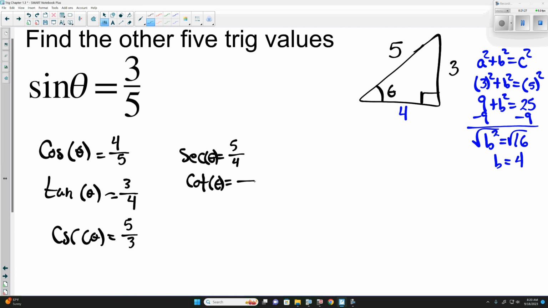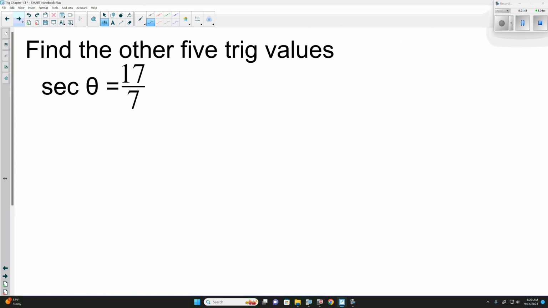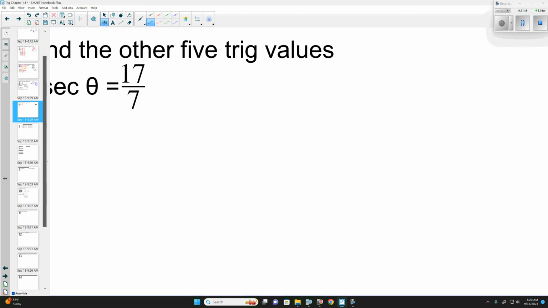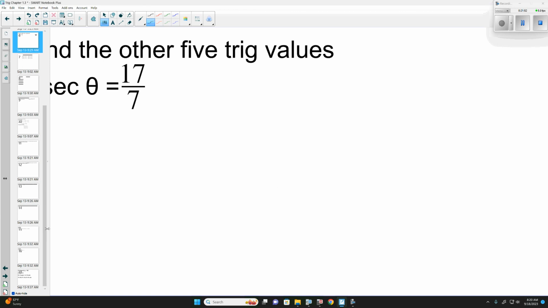Cotangent is adjacent over opposite, or the flip of tangent, which would give us 4/3. And that's it there. Questions on this here? Yeah. We'll stop here for today.